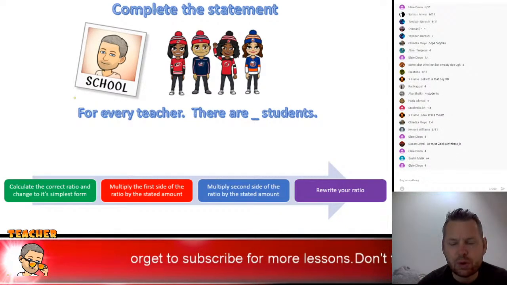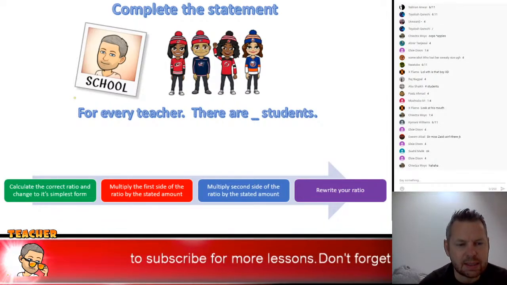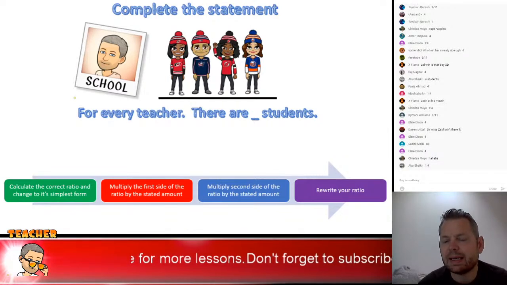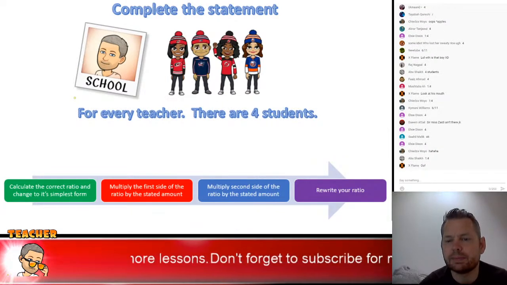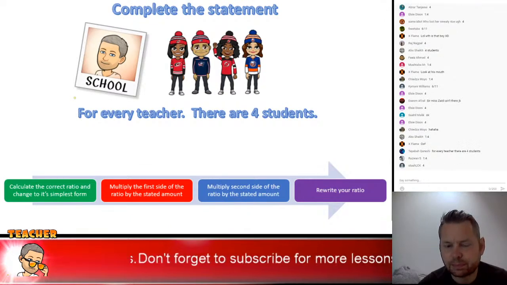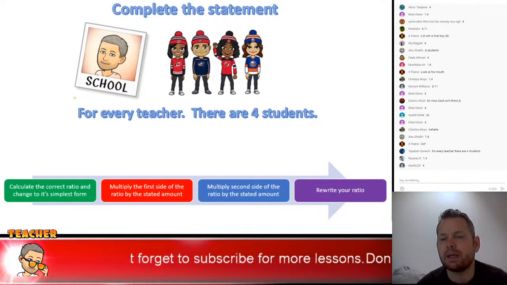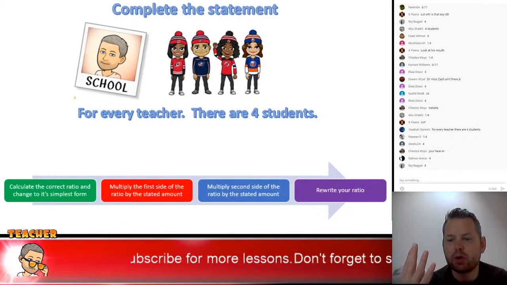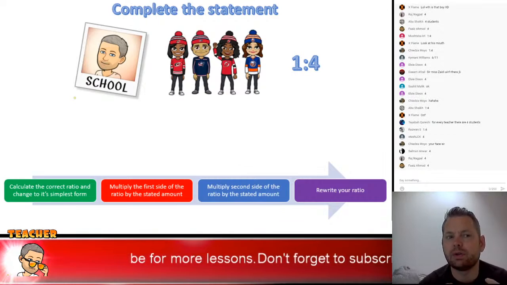So we've got 4 students, yep. So well done, Elsie and Sahil. There are 4 students. So we can see by counting them that there are actually 4 students. Okay. So for every teacher, there are 4 students. So our ratio, which some of you are correctly predicting, is that it's 1 teacher for every 4 students. So our ratio becomes 1 to 4.